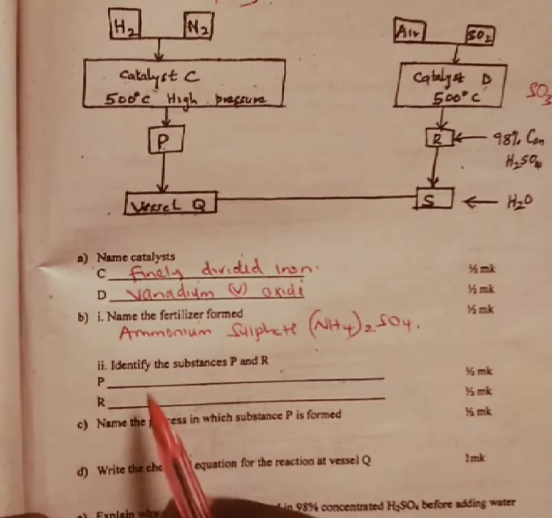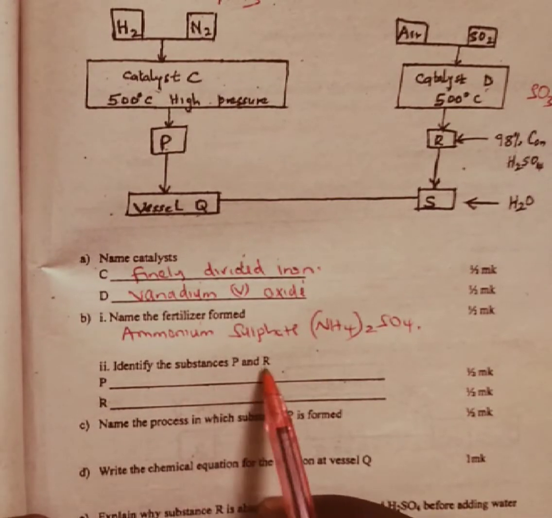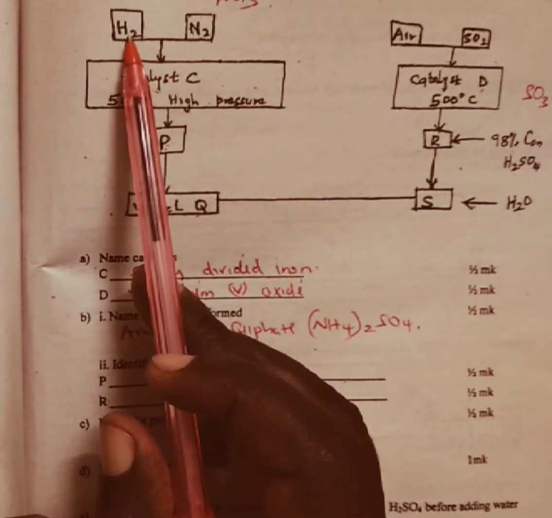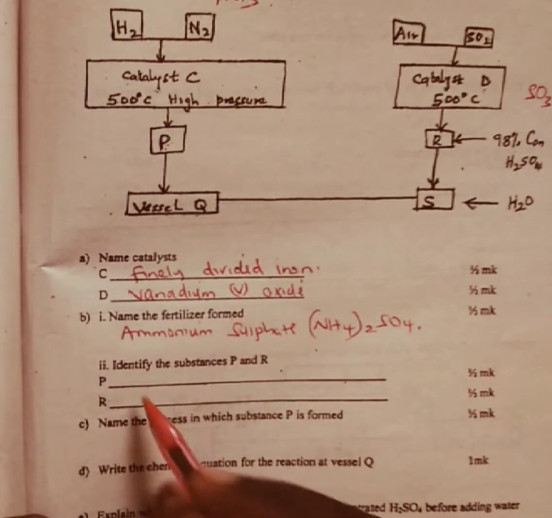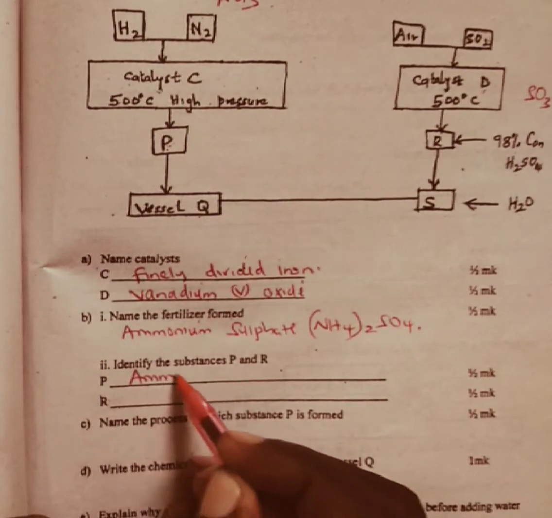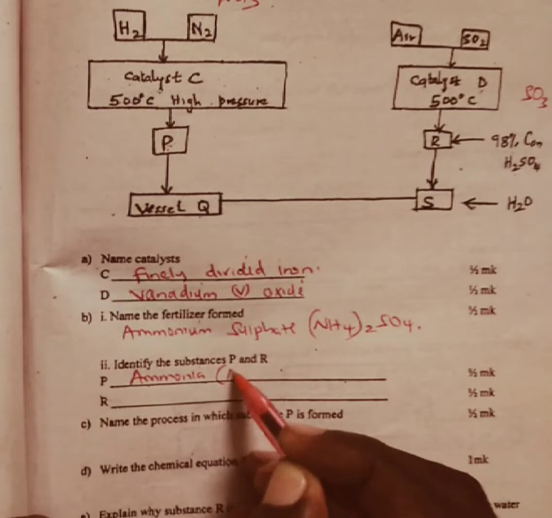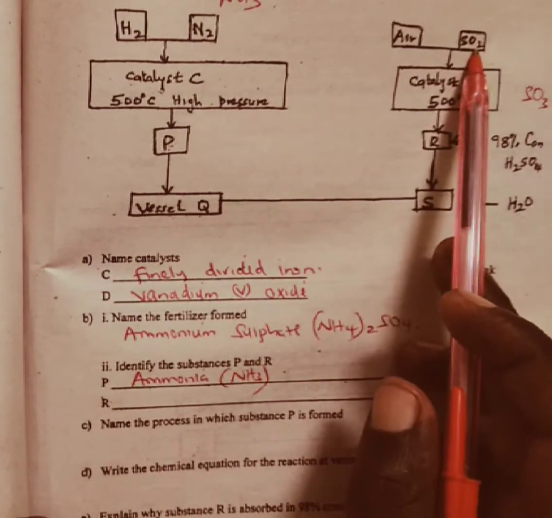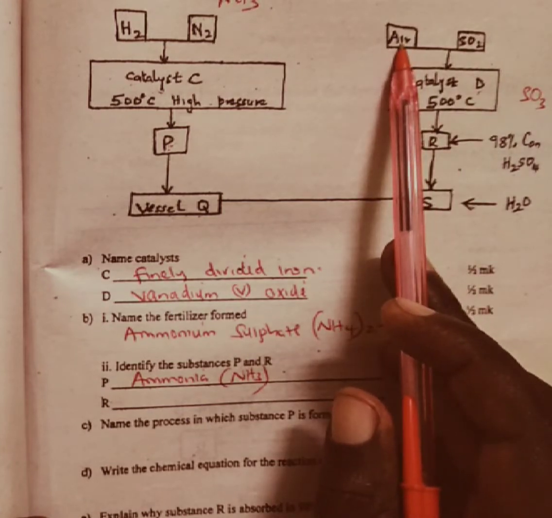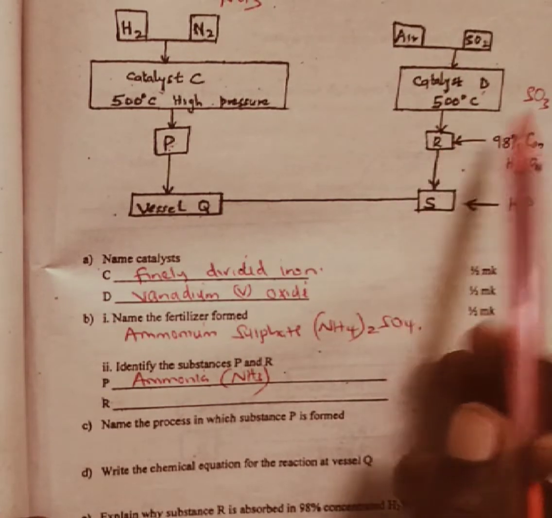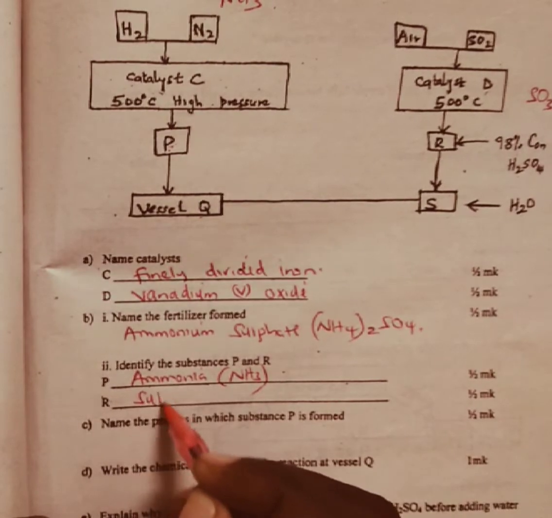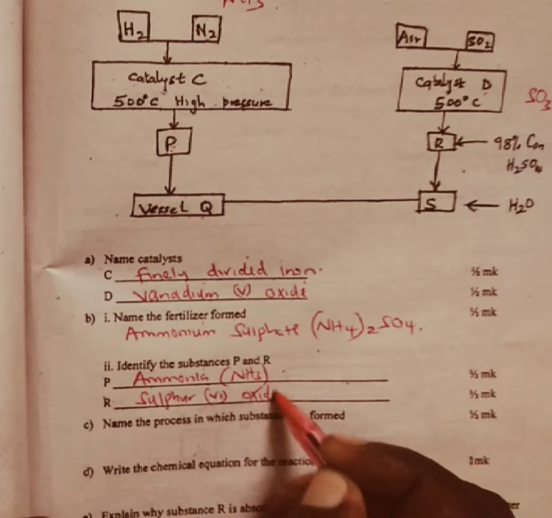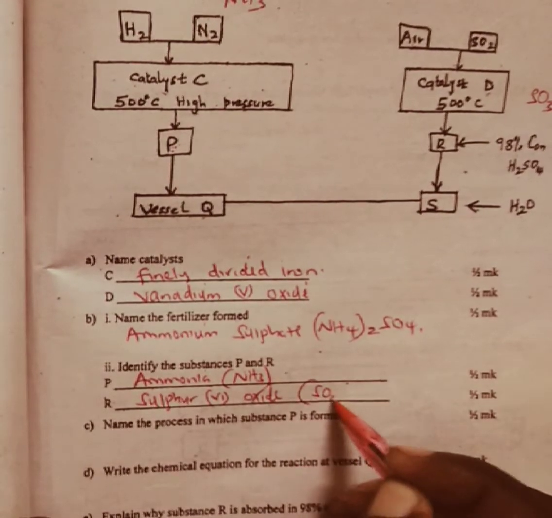Then Roman 2, identify the substances P and R. The substance P is formed after the reaction of hydrogen and nitrogen, and therefore P is ammonia gas, NH3. Then R is formed when sulfur 4 oxide is burnt in air, and R is sulfur 6 oxide, or simply SO3.